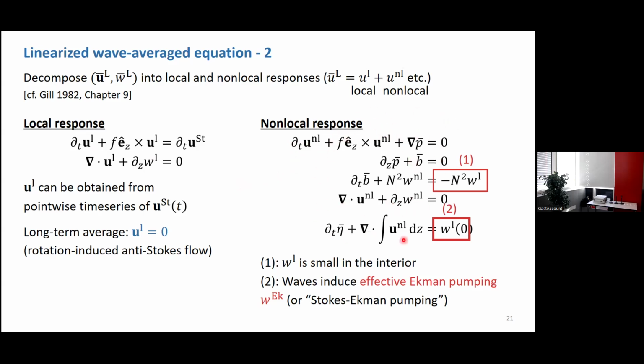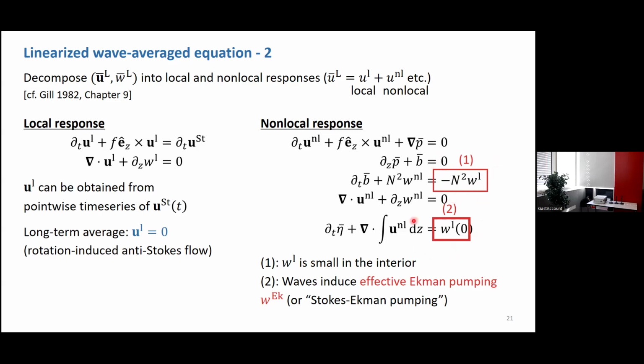We can obtain this equation by subtracting the local response equation from the original one. And so the left-hand side is the homogeneous system for the non-local response, and the right-hand side represents the forcing. There are two forcing terms, one in the buoyancy equation, the other in the mass conservation equation, but the first term is actually small, not so big.